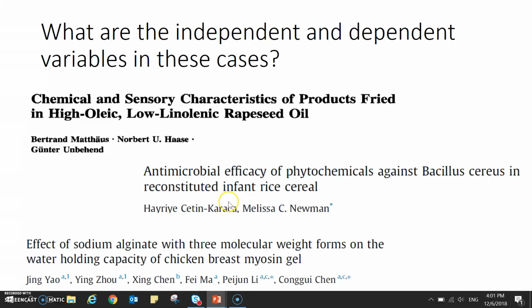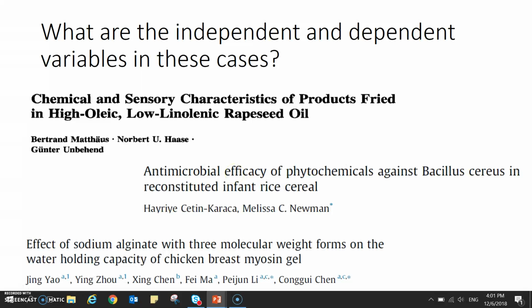In the second example, antimicrobial efficacy of phytochemicals against Bacillus cereus in reconstituted infant rice cereal. In this case, what are you measuring? You are measuring the antimicrobial efficacy. Therefore, that is the dependent variable.